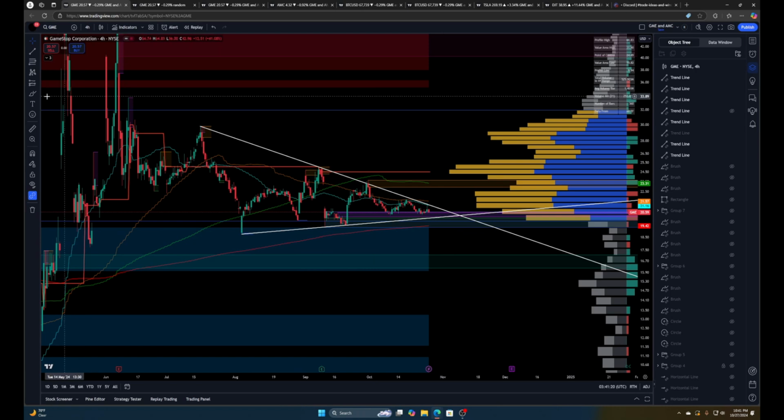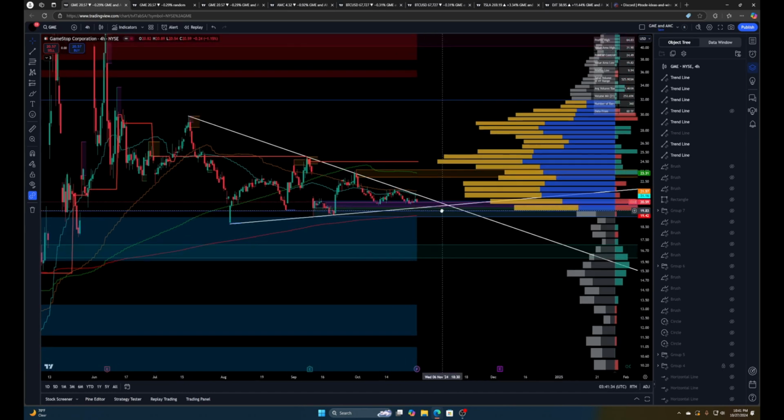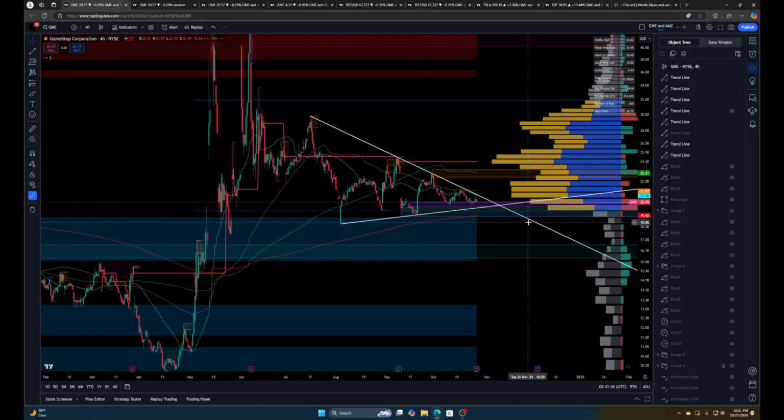So we are in this pennant. We have about 8 days left in this pennant, potentially less. So that'll take us to the end of this week. Will be about 5 bars, so 5 days. And so we have maybe 1-2 weeks before this pennant structure is at its climax here.